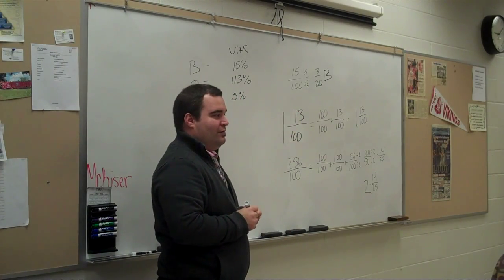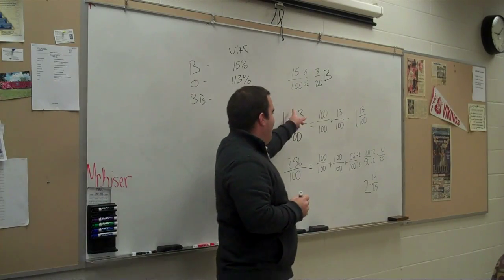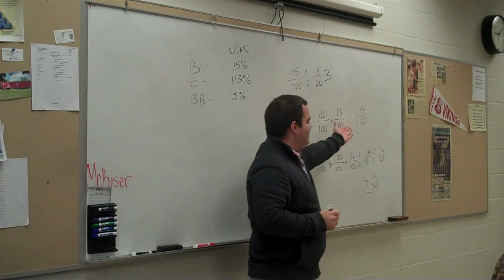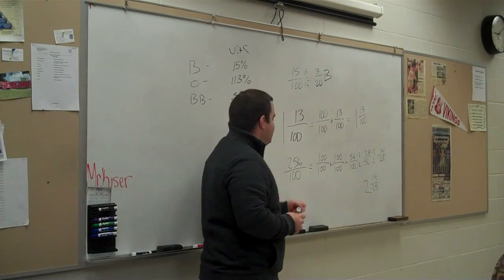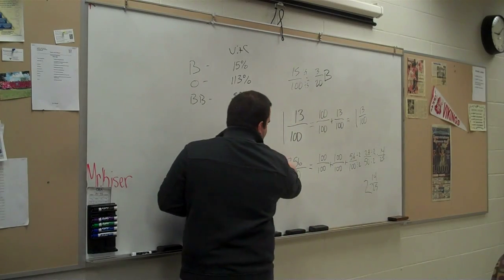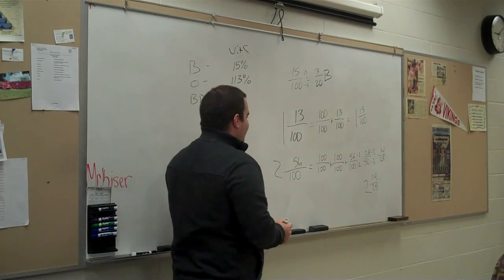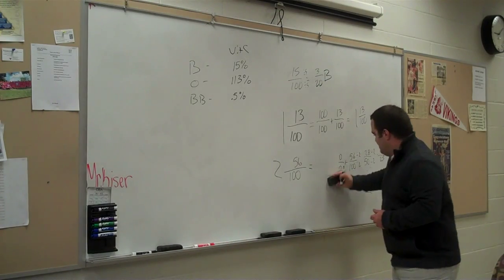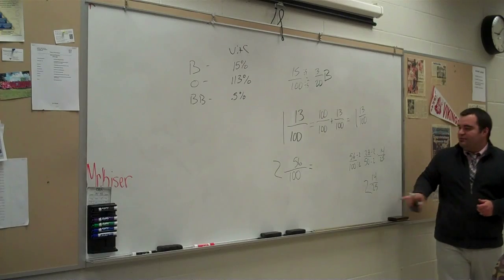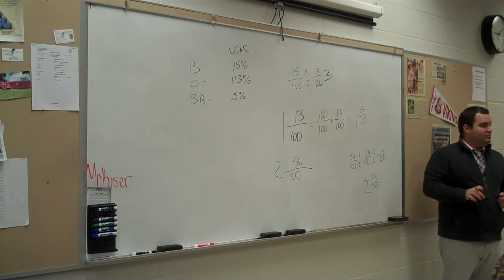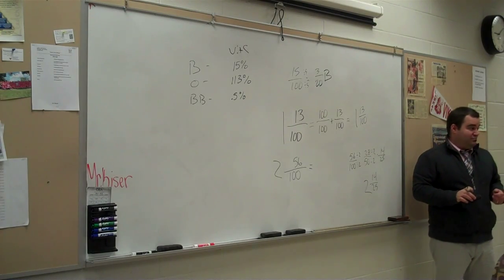It's 1 and 1300ths, and then that's reduced. 256 over 100, I'm going to get rid of this 2 and put it right here. 2 and 56 over 100. That takes care of these, but I still have to reduce.